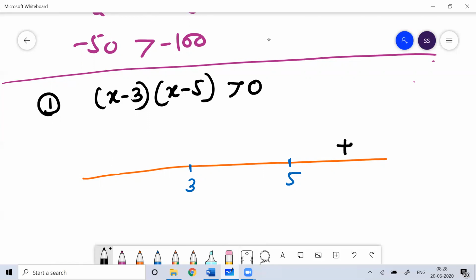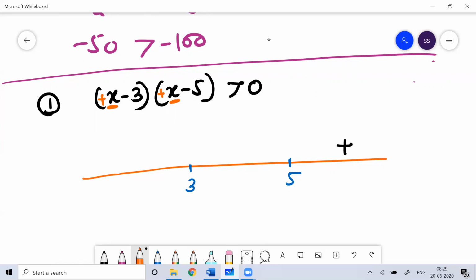The extreme right will always give you the positive value, provided the sign of x is positive. If the sign of x is not positive, then you can check it once. Otherwise, if the sign of x is positive, the extreme right will always give you the positive value only.